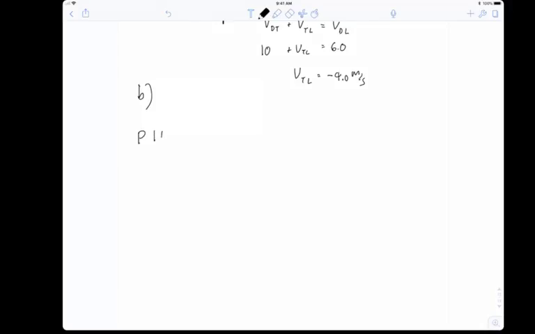Page 117, question 3. Sketch curves to the same scale of kinetic energy versus time for an elastic collision between cart A. Oh, good God. How am I supposed to do that?